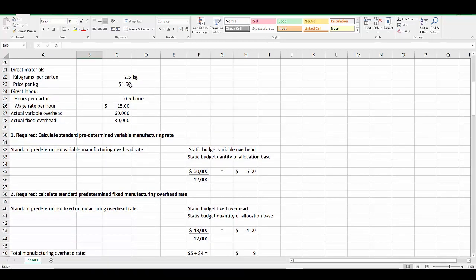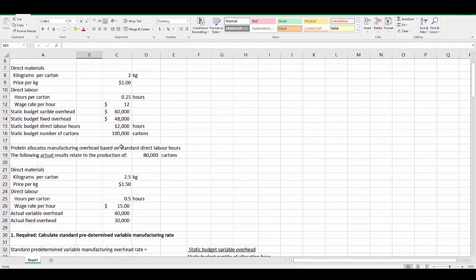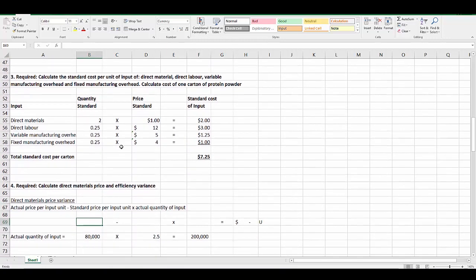So the actual price per kilogram for the materials was $1.50. However, we had thought we would only be paying $1. So you can see right away that we have a variance here.